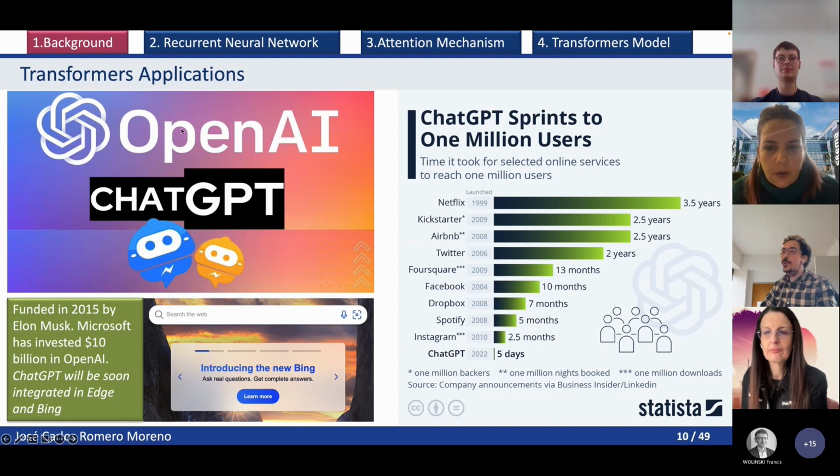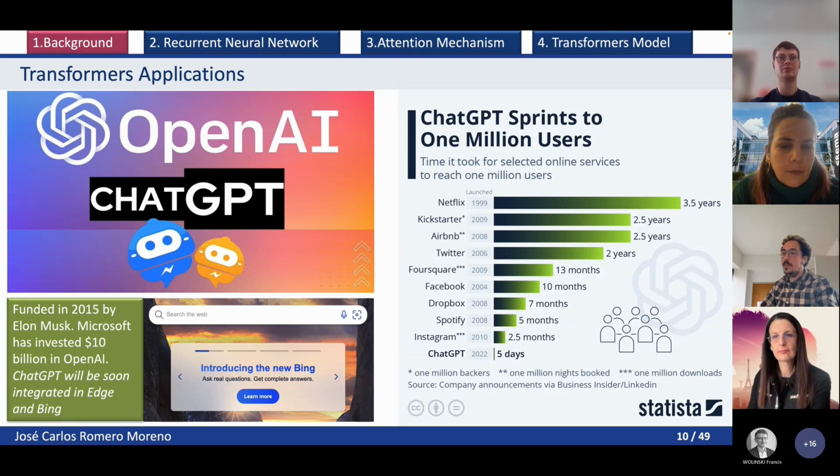And for those who don't know, OpenAI was a company funded by Elon Musk in 2015, but he left the company the year after it was created, so he's no longer related to it. And when GPT-3 was released, Microsoft saw the huge potential and invested $1 billion at first, and after the release of ChatGPT, they have invested $10 billion in the company.